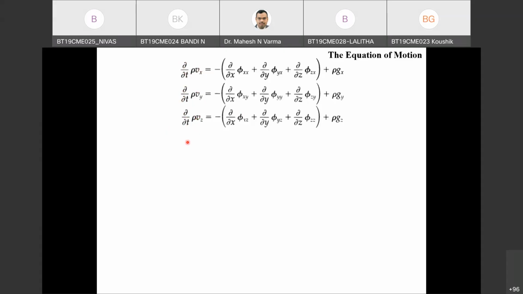So an analytical solution for this differential equation is next to impossible. Nobody is able to give an analytical solution, meaning a model equation which will give me velocities Vx, Vy, Vz directly.